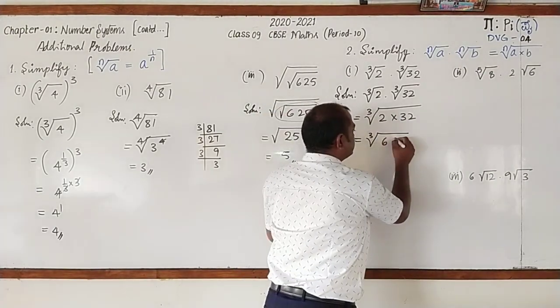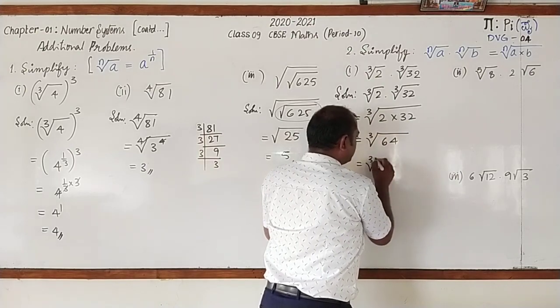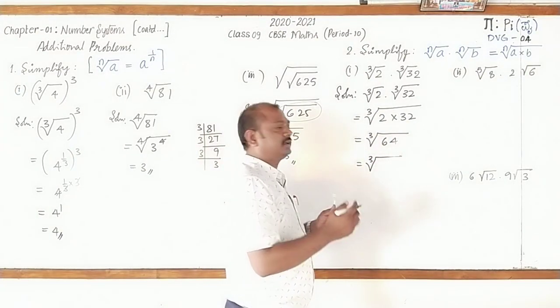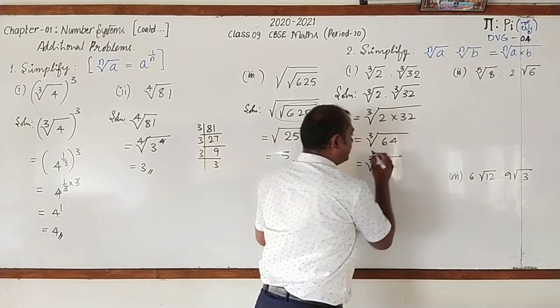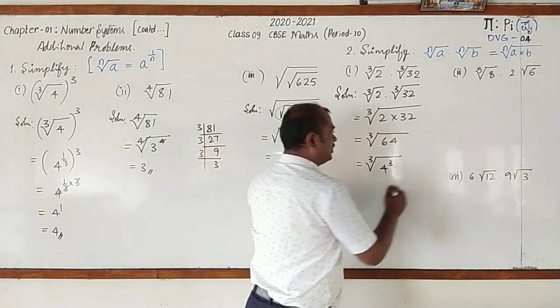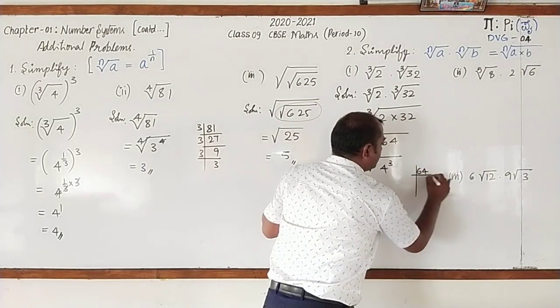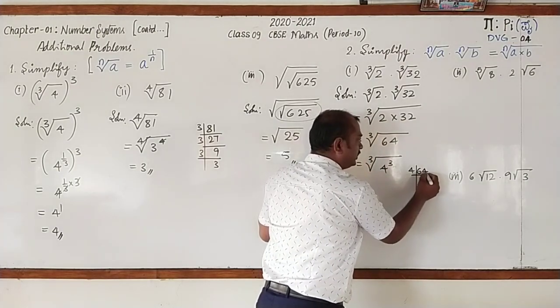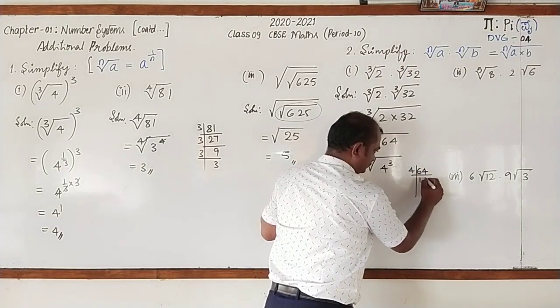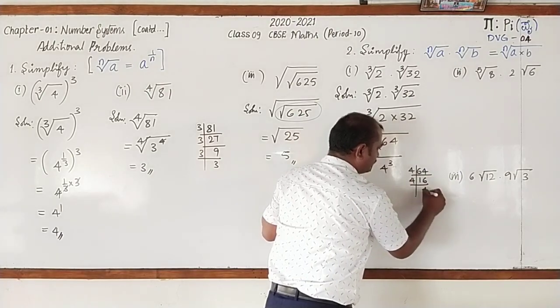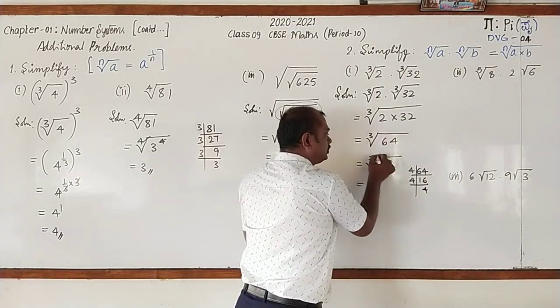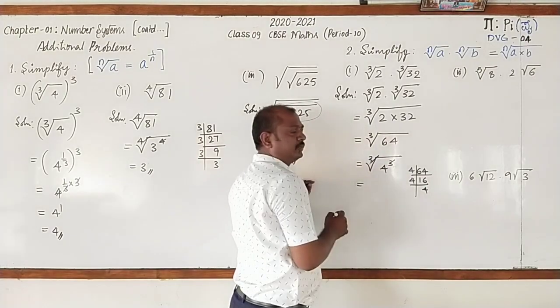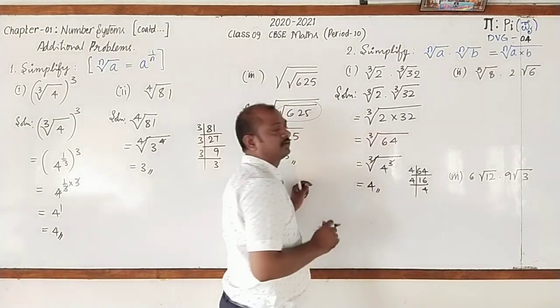It is 64. Cube root of 64 can be written as 4 raised to the power 3, right? Because 4 4s are 16, 4 16s are 64, so 4 cube. Cube root and cube get cancelled, 4 will remain.